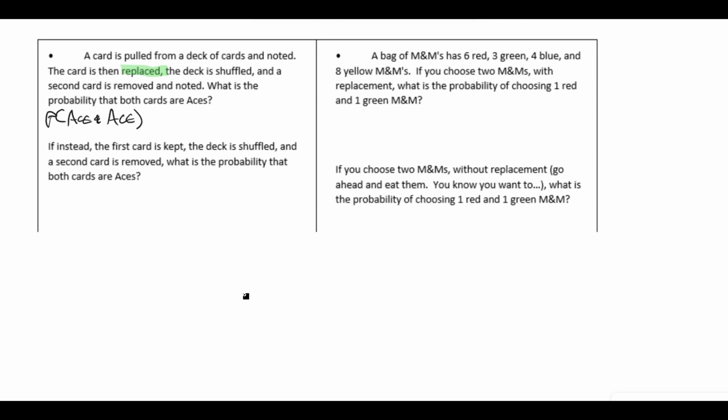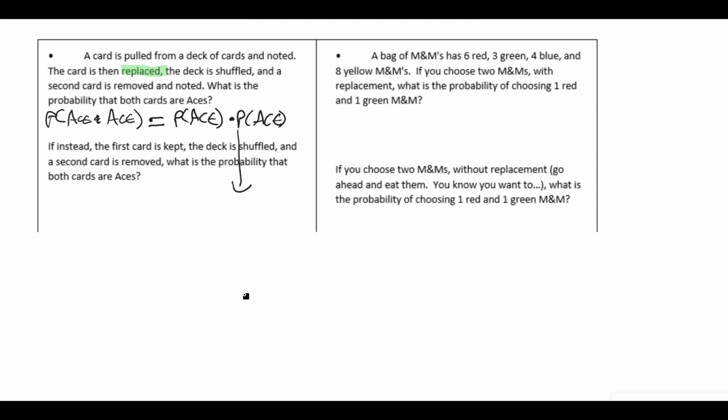Because the card is replaced, that means we have a full deck when we go after the second card. That means that these events are independent, and we can simplify this probability by multiplying the simple probabilities of the probability of an ace times the probability of an ace.